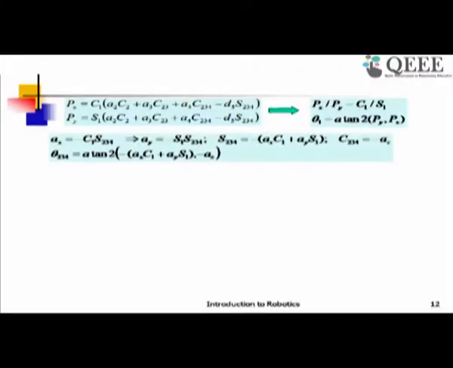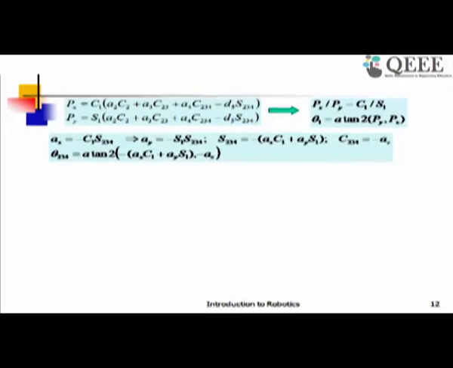The next step is to look for other joint angles. We take the equations Ax equals minus C1 S234, Ay equals minus S1 S234. From these, S234 equals minus (Ax C1 plus Ay S1), and C234 is minus Az.